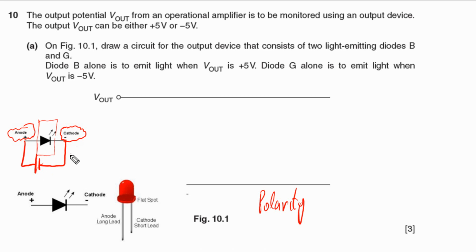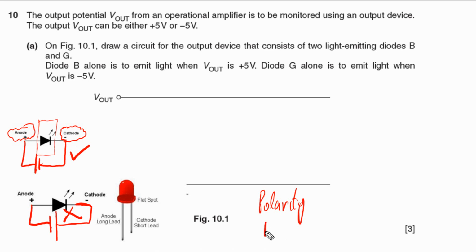In this case, the LED will work. But if we connect it the wrong way, with the positive end of the LED to the negative terminal of the power supply and the positive terminal of the power supply to the negative end of the LED, it will not work. This is the main concept we need to understand to answer this question.